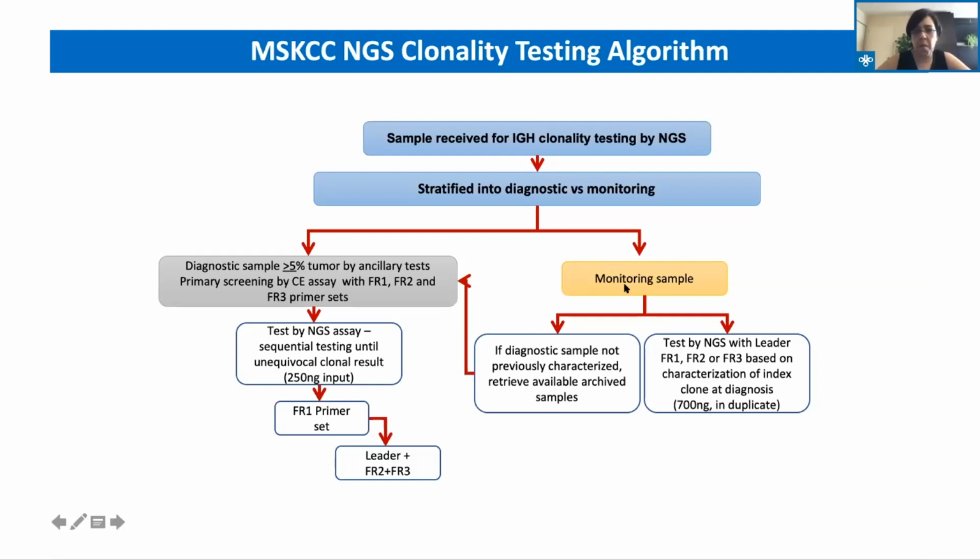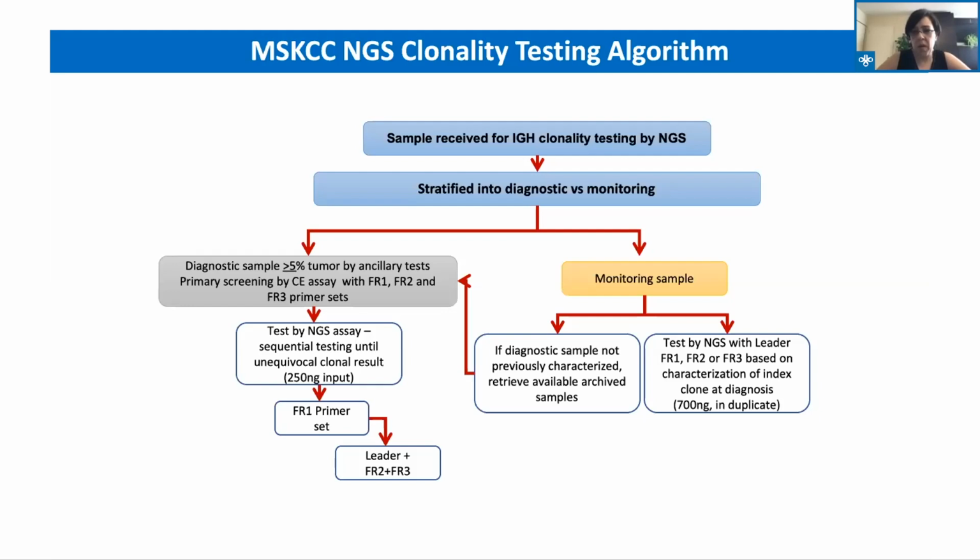If we get a monitoring sample without a diagnostic sample that has sufficient disease, then this is the type of patient that we wouldn't be able to monitor. But we do try to go to our archives to find samples of higher tumor content, or we enrich the sample, which we can do by flow or by cell sorting.